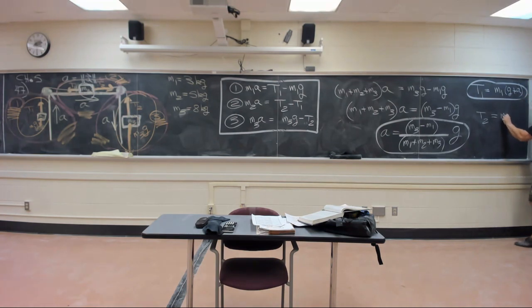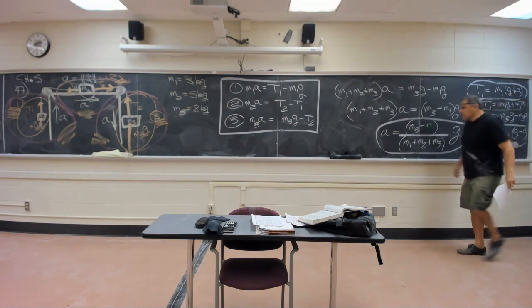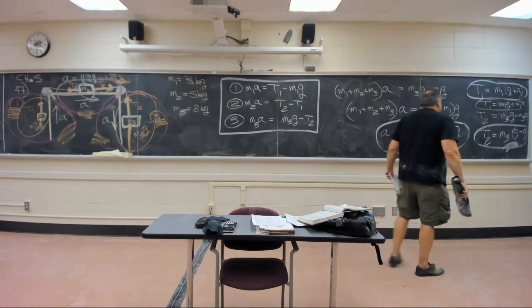It's M3G minus M3A. Just like here, it was M1G plus M1A. Yeah, you can write it like that. It's no big deal. That's how you can get those two.